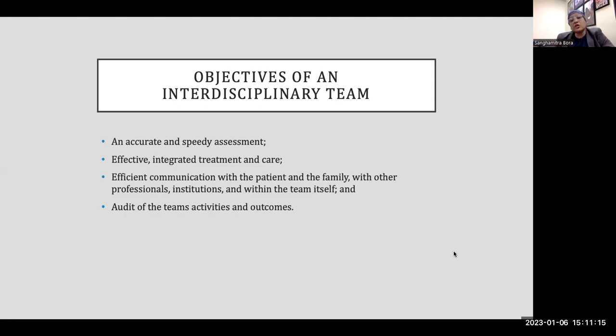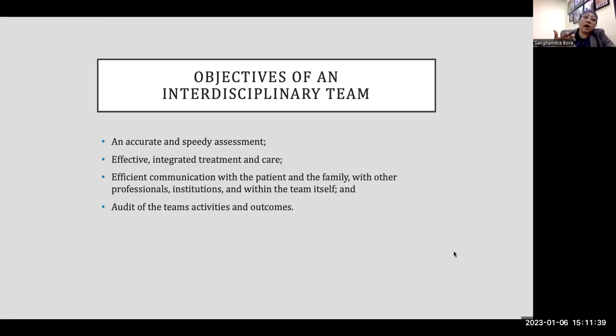You may need to liaise, or approach institutions who have proper setups to take care of such patients, and then develop the communication within the team members itself. And last but not the least, the audit of the team activities and the outcomes.